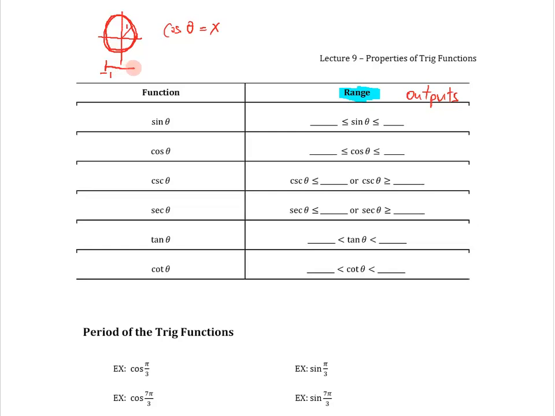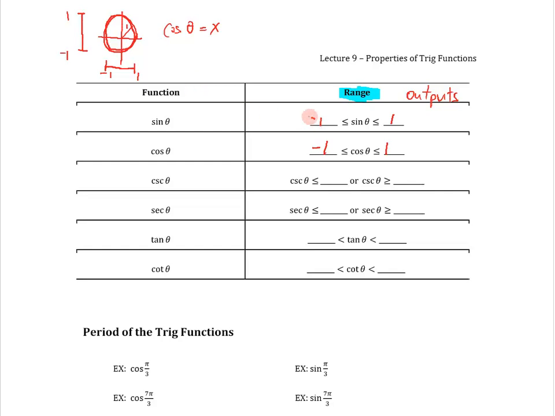And the furthest right you could go on the x-axis for any angle, no matter what angle you draw in here, is going to be +1. So notice the cosine would go from -1 to +1, but the same is going to be true for the y-axis, because your unit circle goes all the way down to -1 and all the way up to +1. The outputs of these functions will never be smaller than -1 or bigger than +1 by their very definition.